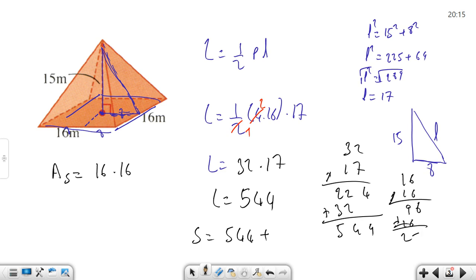Add them, 256. So it's equal to 256 meters squared. 544 plus 256 equals 800 in total surface area. So surface area equals lateral area plus base for the pyramid.